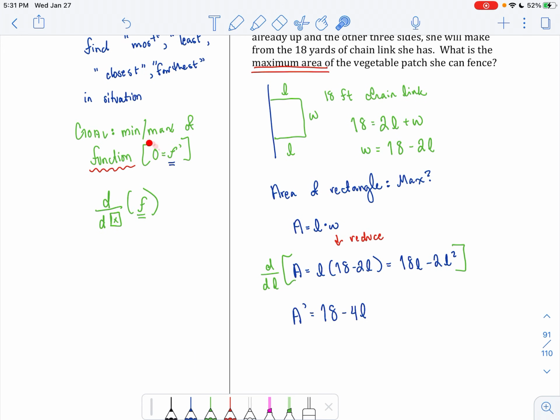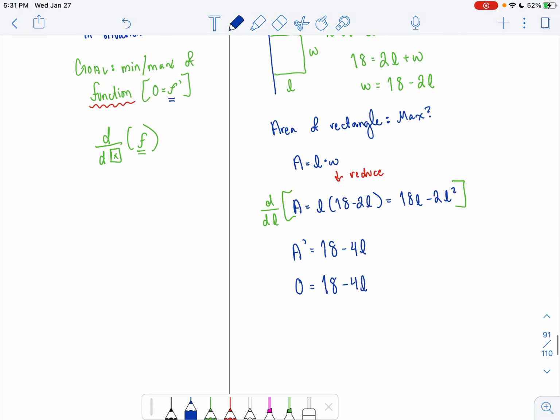Since I'm trying to find the maximum, I'm going to set that derivative equal to 0. So 0 is equal to 18 minus 4L, and I'm just going to solve for L. Therefore, 4L is equal to 18, L is equal to 4.5.